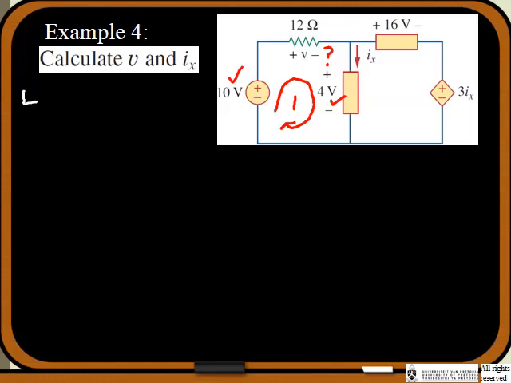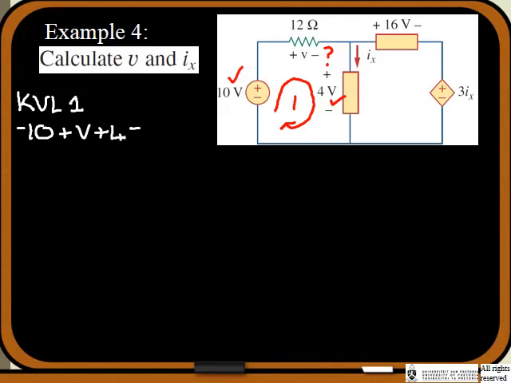Let's write it down like this. I'm just going to erase this one, there's a better way in terms of format. So we're going to write down Kirchhoff's voltage law for loop number 1. We're going into the negative terminal of the 10 volts, then to the positive terminal of V, and then into the positive terminal of the 4 volts.